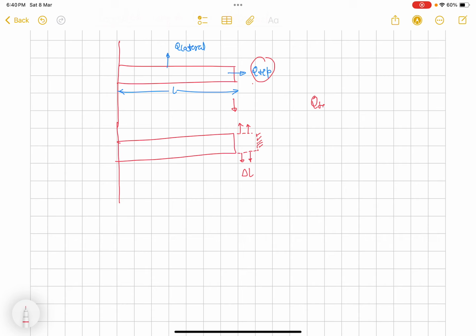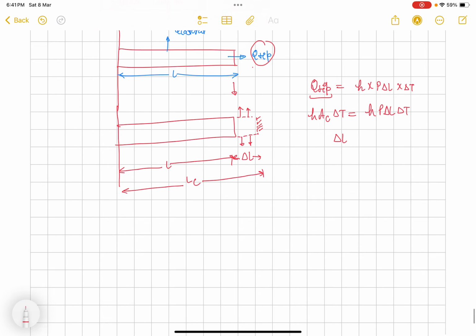That means the heat transfer from the tip side should be the same as the new material which we have added to it, which is nothing but h times parameter of this fin, P, and this small length delta L times temperature drop, and for the fin tip it is h times Ac, cross sectional area, times delta T. So h P delta L times delta T equals h Ac delta T. So we can find how much length we have to add to this original length, and this will be the corrected length, meaning new length.